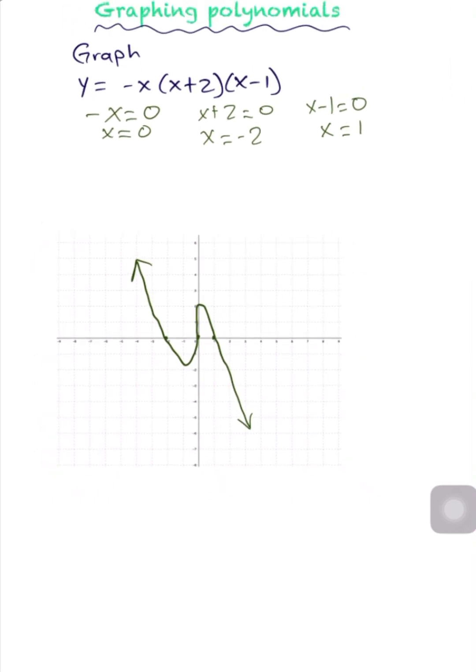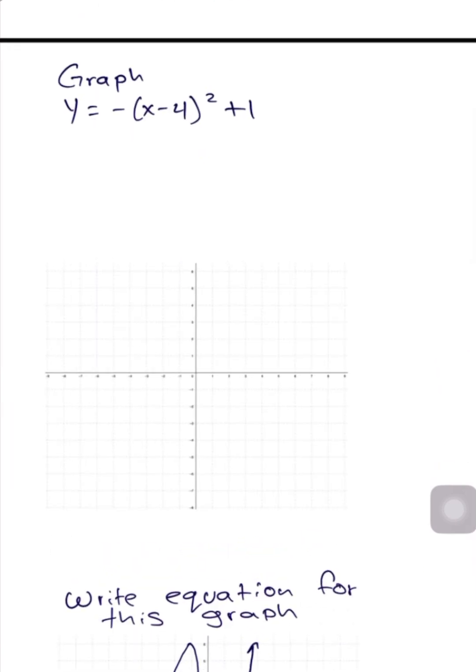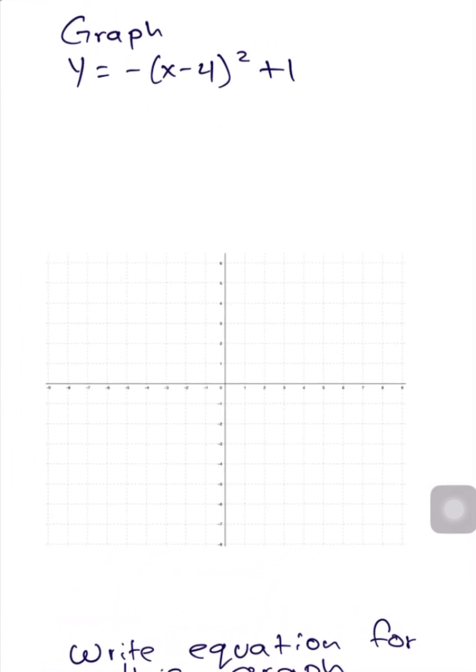Let me give you another example. So say you have something that looks like this, right? Y equals negative x minus 4 squared plus 1. Notice that this is in vertex form. And we know that the vertex of an equation is always (h, k).